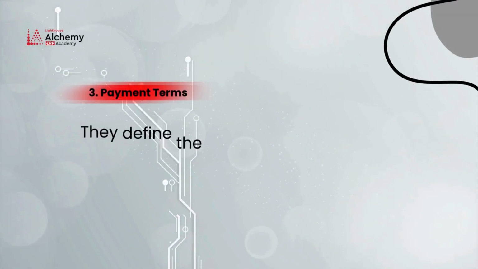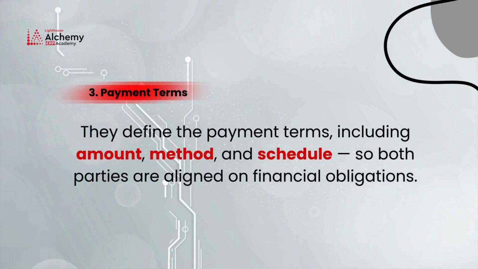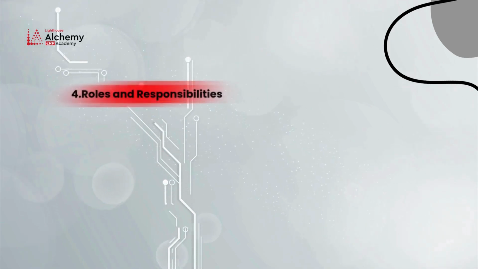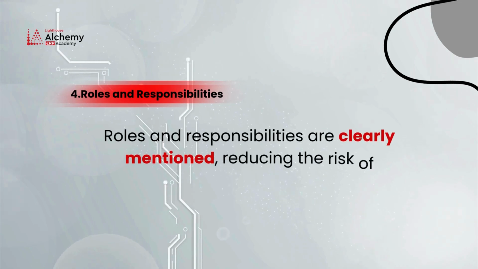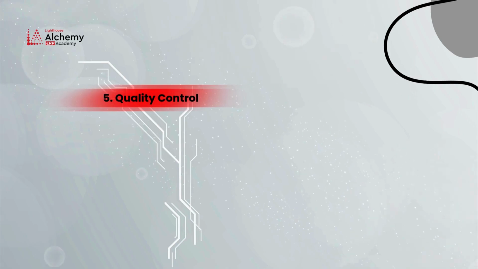Payment terms. They define the payment terms, including amount, method, and schedule, so both parties are aligned on financial obligations. Roles and responsibilities. Roles and responsibilities are clearly mentioned, reducing the risk of miscommunication or assumptions. Quality control.